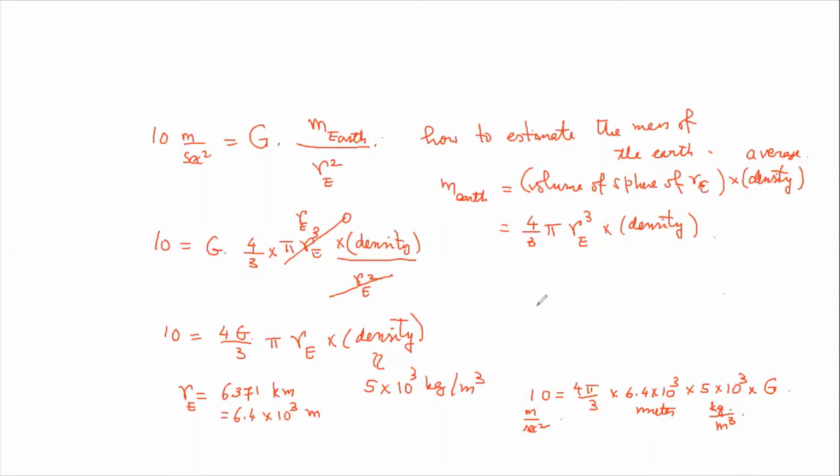I have erased some stuff here to make space. So now, solving for G, you get 3 by 4 pi times 1 over 10, that 1 over 10 comes from here, divided by 6.4 times 10 to the power 3 times 5 times 10 to the power 3.